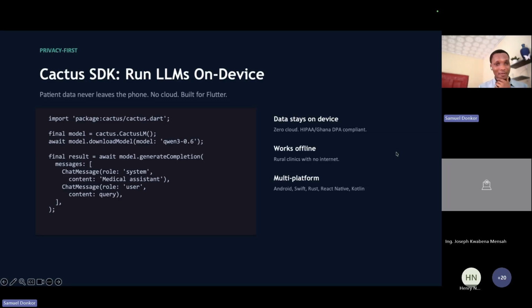Maybe we could dive into the technicalities of the Cactus SDK. Cactus is an AI inference engine for wearables and edge devices. So instead of relying on a cloud third-party API, you could have the model on your device, could be your Mac, your phone, your wearable, your smart glasses or your watch.